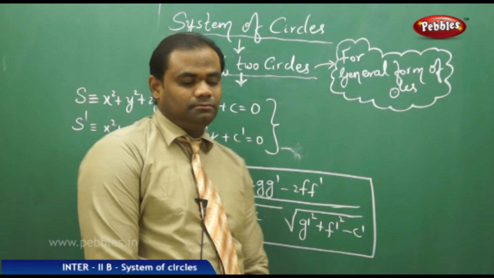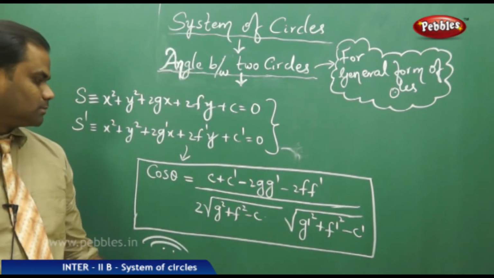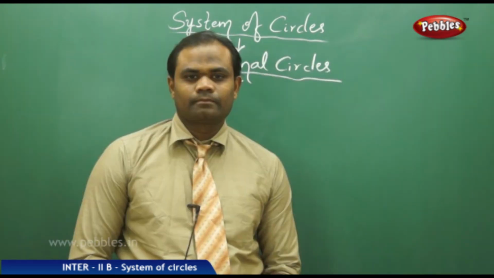This is how we get the angle between the two circles in general form, given by this formula.